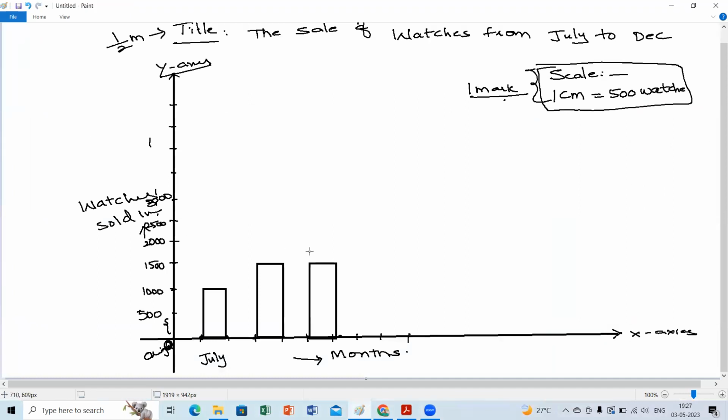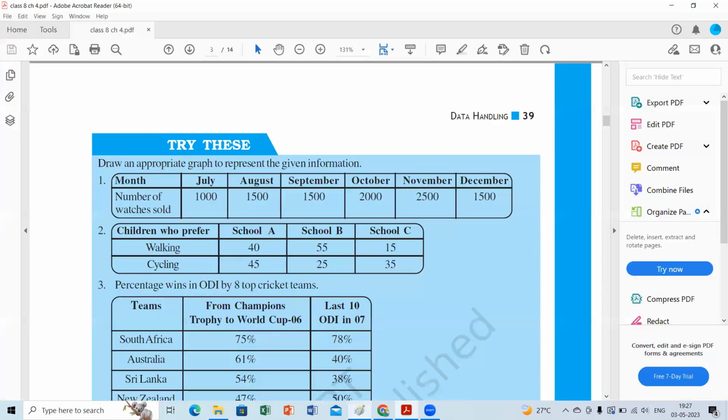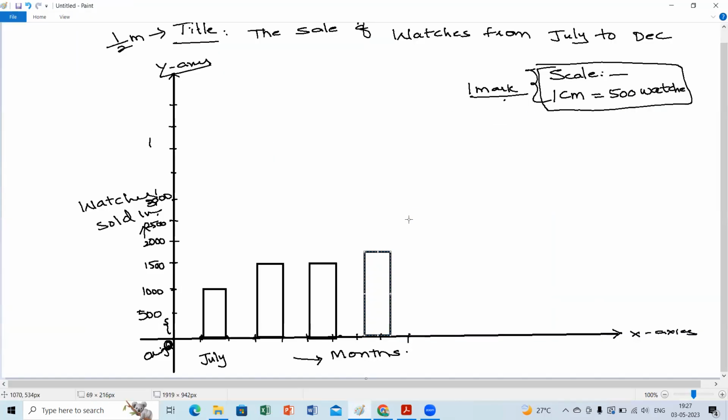Then November 2500. And then December, children? 2500, again 1500, right?